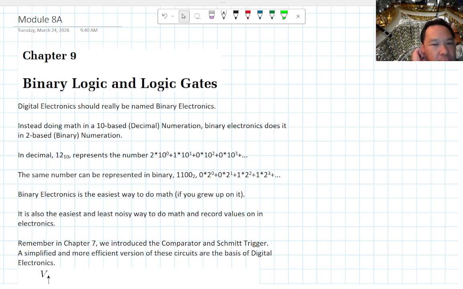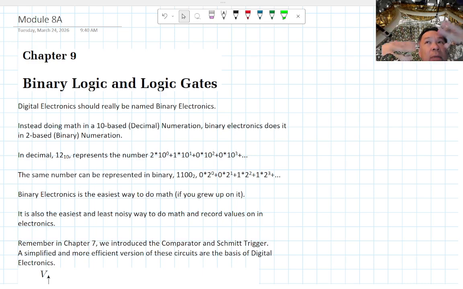Okay, so let's talk about what digital electronics is. When people talk about digital electronics, I think about fingers because these are my digits, but it should really be named binary electronics, because the base-10 system is actually what our fingers are based on, the decimal system. These systems are called numerations.